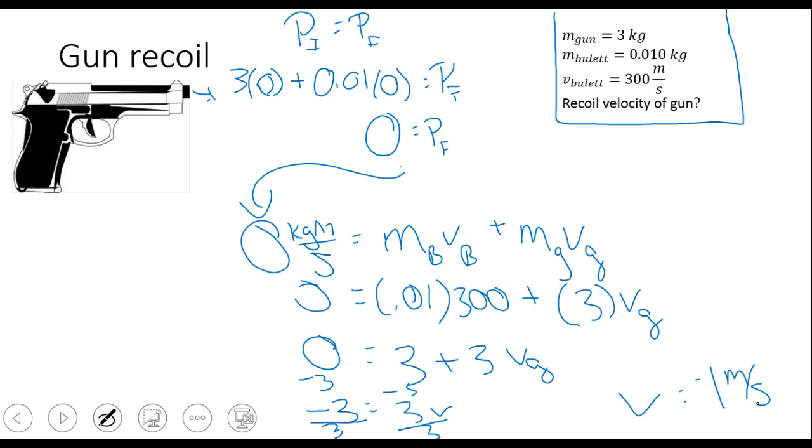That does make sense: if the bullet is firing to the right, then the gun is going to recoil to the left, which accounts for the sign of that velocity. Again, you've got these quick interactions, and we can use the law of conservation of momentum to analyze those.